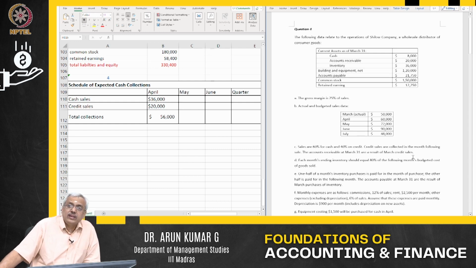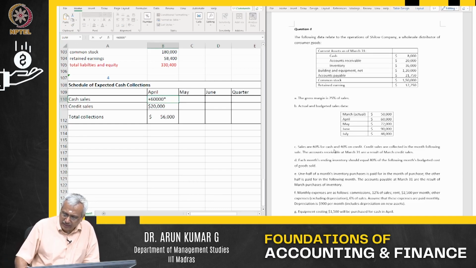Now, if you look at cash sale in the month of April, 60,000 is the sale, and 60% is for cash, so that is 36,000. And the accounts receivable of March, 20,000, as you can see in the problem, is also collected in the month of April. So your total collection in the month of April is 56,000.